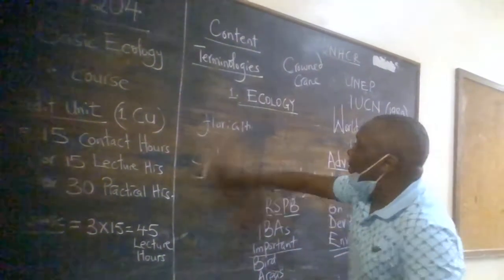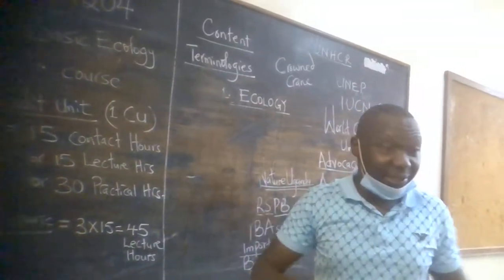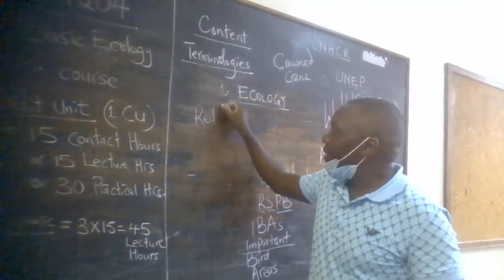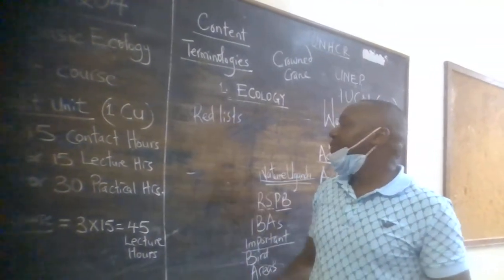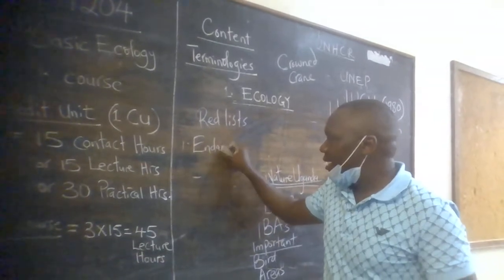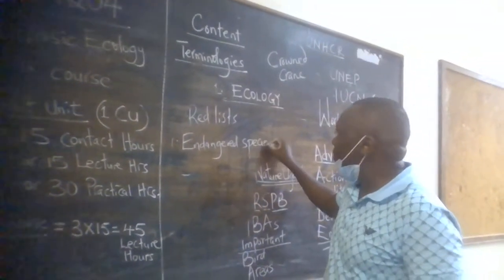They categorize species. They categorize species as maybe endangered species. Get the point? Some species could be called endangered.